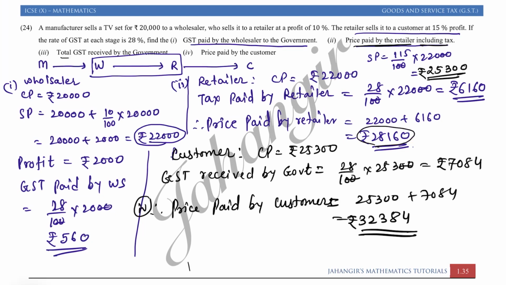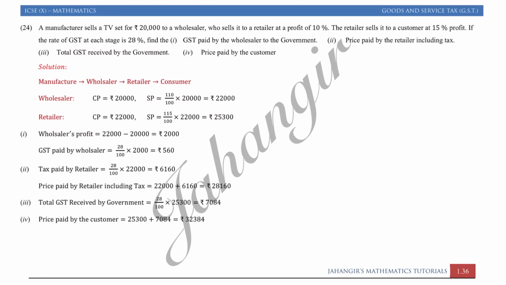And third part, the total GST received by the government, that is whatever last में customer is paying, whatever amount of tax, that is received by the government. So simple, total GST received by the government is total GST paid by the customer. Price paid by the customer, so you know it's cost price plus tax on it. You can just go through this proper format, write it down, pause the video, and then shift to next question.